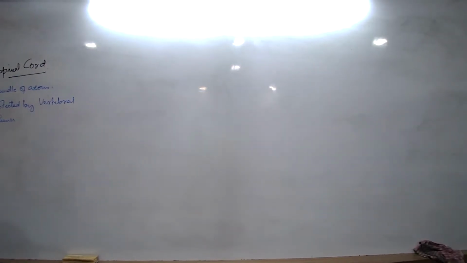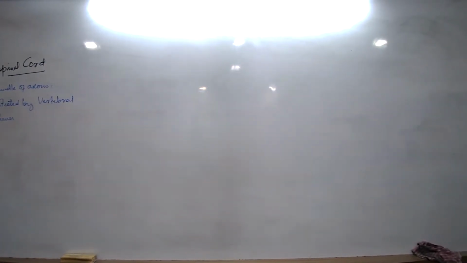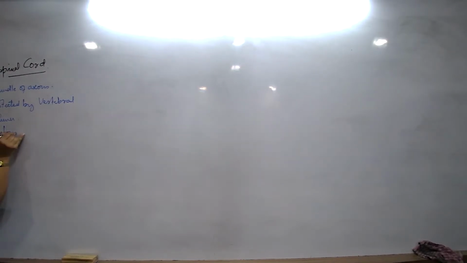What is the spinal cord doing? Number one, the spinal cord is regulating a variety of voluntary and involuntary functions in coordination with the brain. What type of functions does the spinal cord carry out?